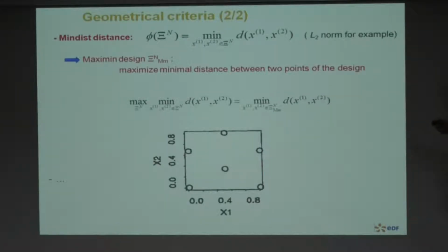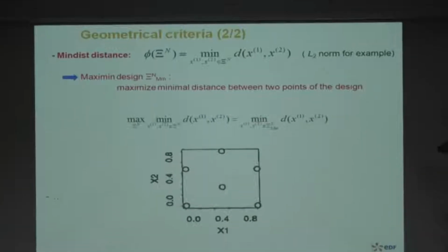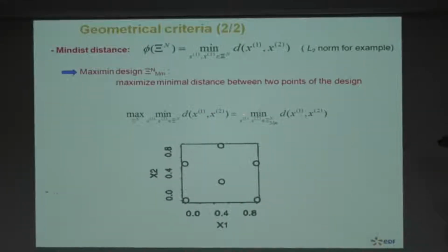I come back to the definition of maximin. So here you see the min-dis distance. It's a min. Here I have the first point of my design, the second point of the design, and this is the notation of my design. Xi, N is the size of the design, and MM means maximin.